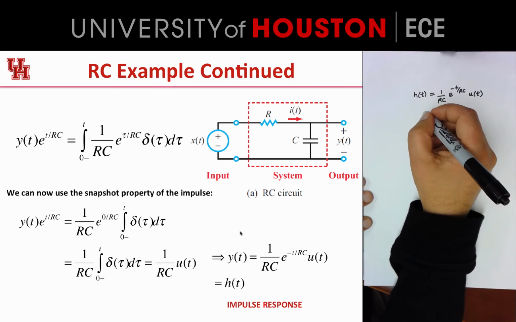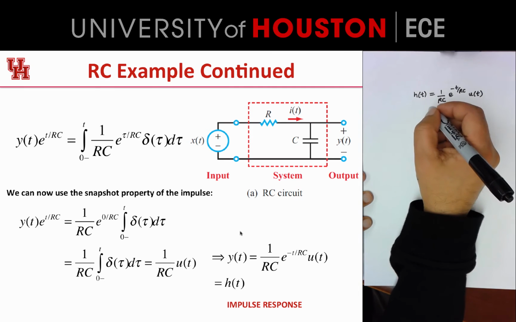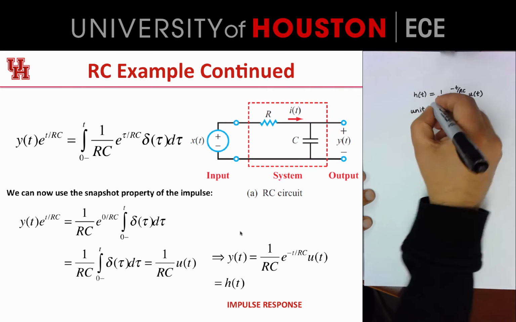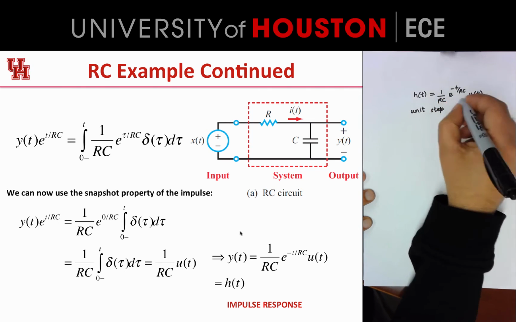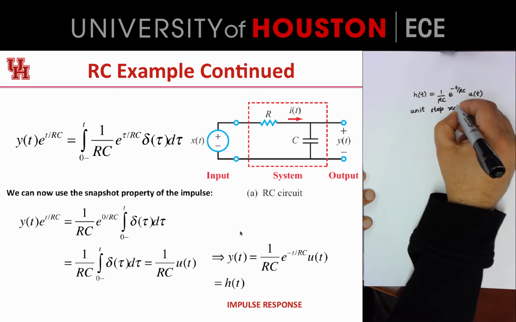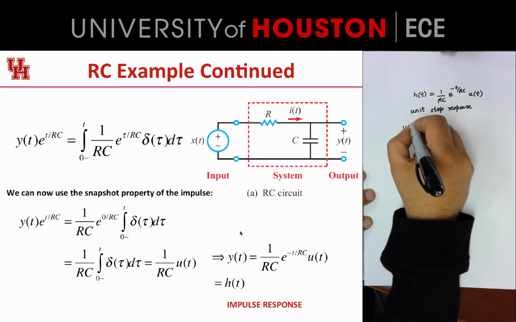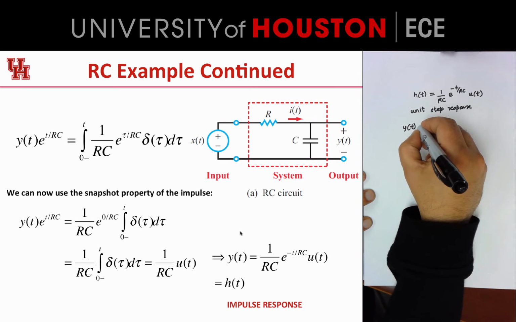And so what we want to do next is replace the input with a unit step instead. So let's try to figure out the unit step response of the same circuit. The circuit is still the same, so the basic equation we have to solve is still the same as before.